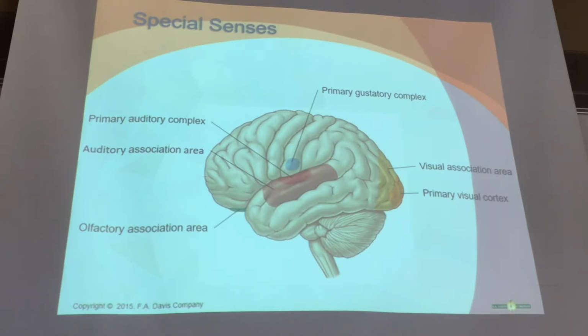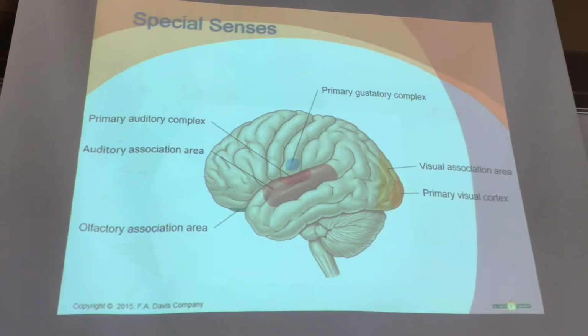Next, you've got your primary visual cortex. So this is responsible for what do you think? Vision, right. Primary visual cortex is responsible for vision. It's responsible for your sight. And it governs the recognition of size and color and light and motion and dimension.